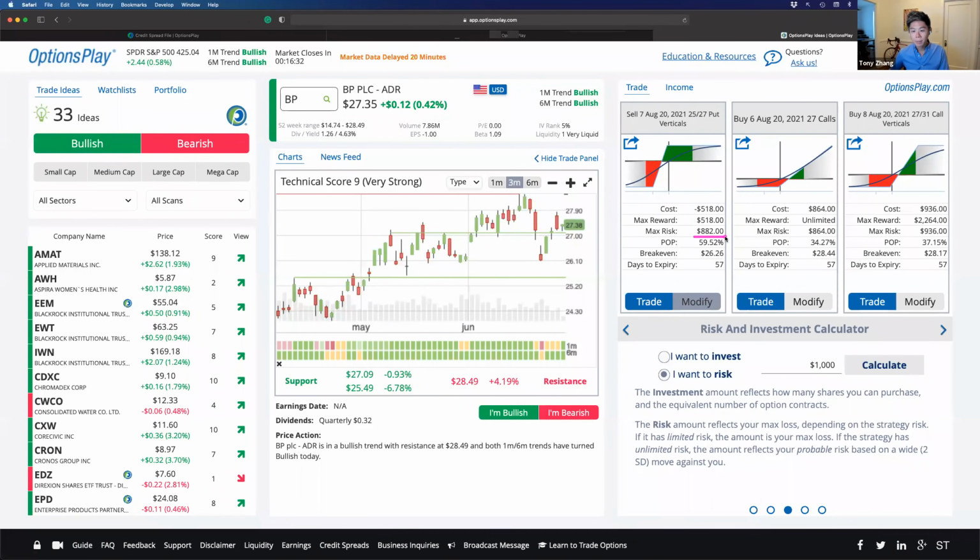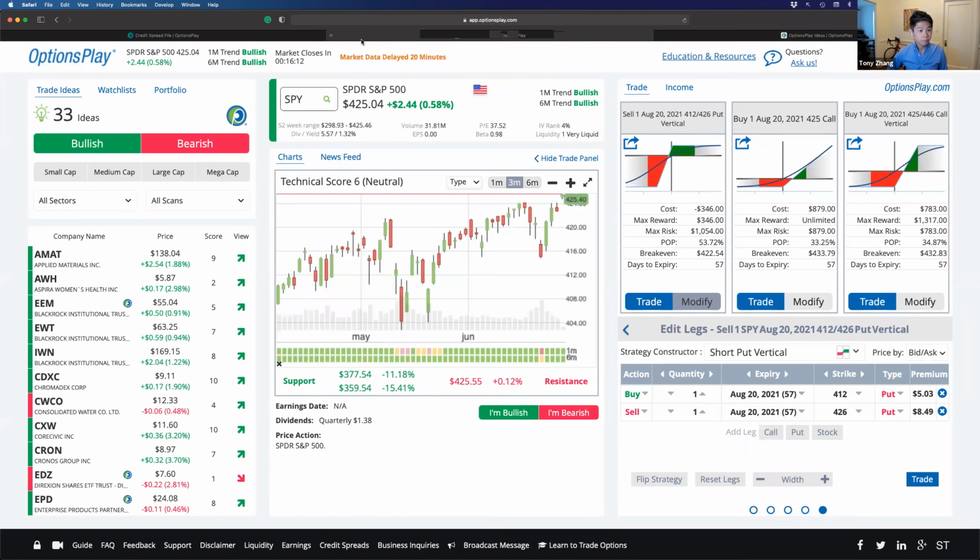That puts me at a max risk of $882, just underneath the $1,000 limit for my portfolio. So the OptionsPlay platform does the work for you. All you have to do is type in the number that you're willing to risk based on the 2% rule, and that helps you stick to that rule.